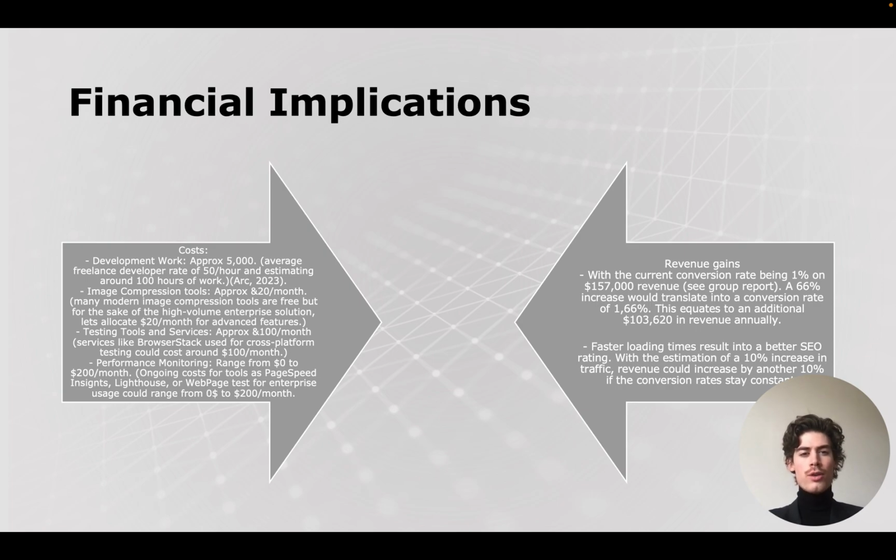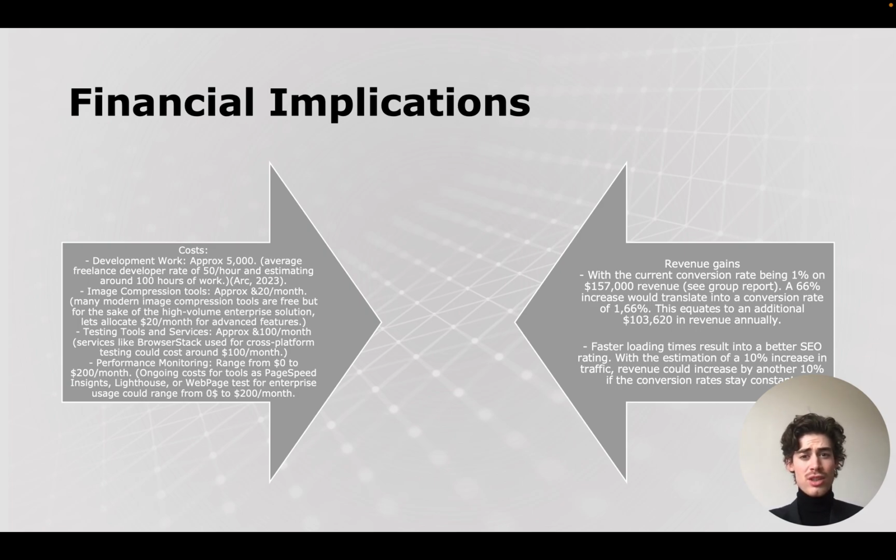The cost. First of all, you have the development work. The technical work needed to optimize images, JavaScript, CSS, and other site elements. Assuming an average freelance developer rate of $50 an hour and an estimated 100 hours of work, this will cost approximately 5,000 euros. Second of all, image compression tools.